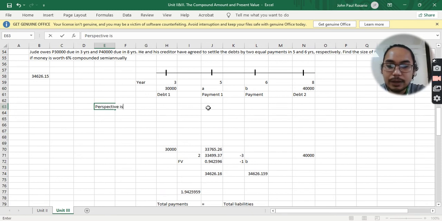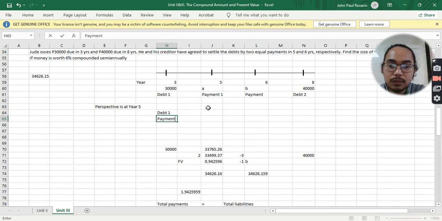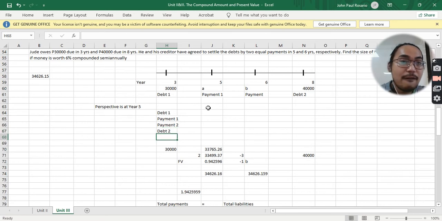If our perspective is at year 5, we have to know the values of debt 1, payment 1, payment 2, and debt 2 at year 5.